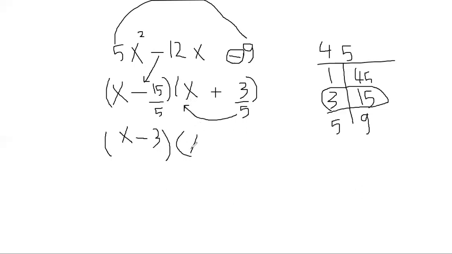So right here 5x, okay, and here plus 3. Okay, you can check your answer now. If you multiply, you will find the answer is 5x squared minus 12x minus 9. Okay, thank you and good luck.